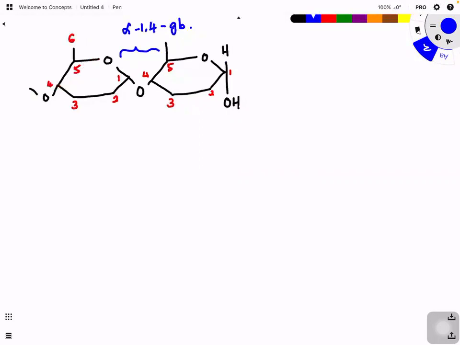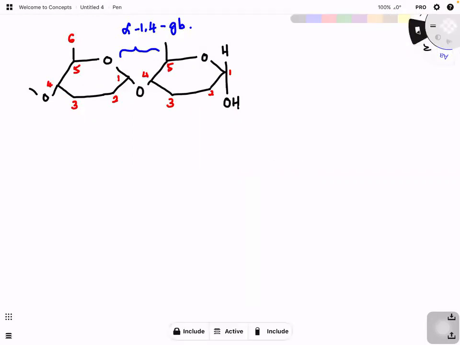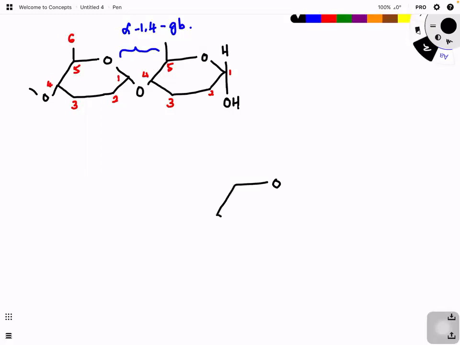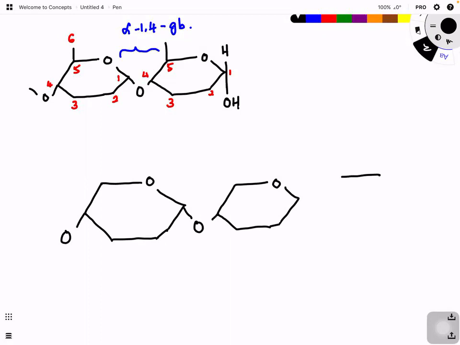Okay, now look at this. If I have an extra chain here, I draw it down a bit. Okay, this is another chain, an incomplete one.